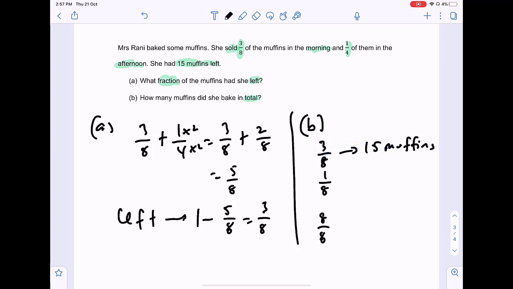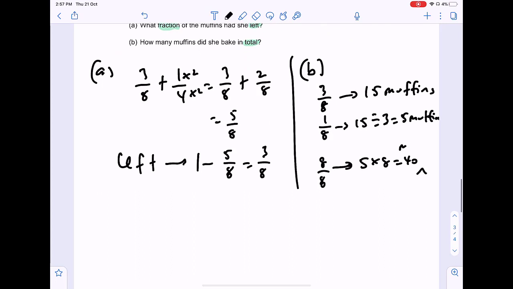So what is 1 unit representing? 15 divided by 3, that will be 5 muffins. And we can go to 8 units. So 5 times 8, that will be 40 muffins that she has baked all together.